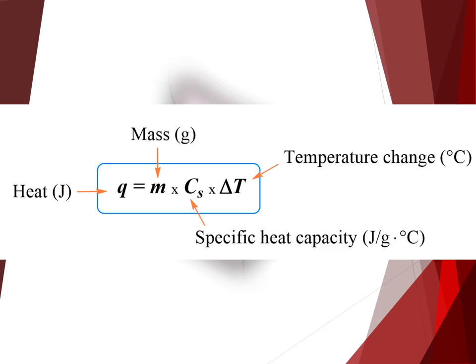The heat energy transferred by an object or substance going through a temperature change is expressed by the equation that you see on your screen here. Q is equal to M multiplied by C sub S, or C by itself, multiplied by delta T, where Q is the amount of heat, M is the mass of the substance, C, or C sub S, is the specific heat, and delta T is the temperature change.